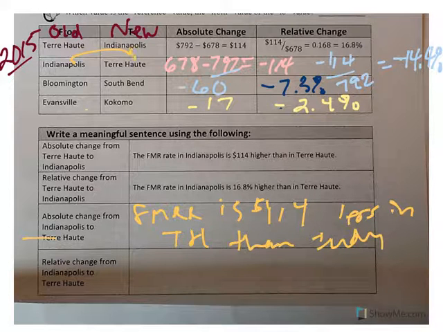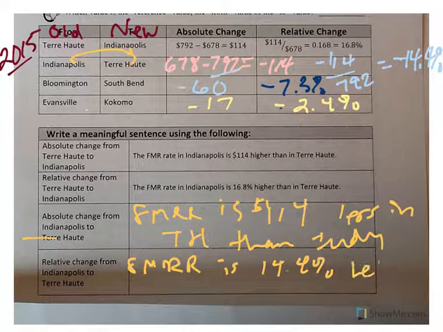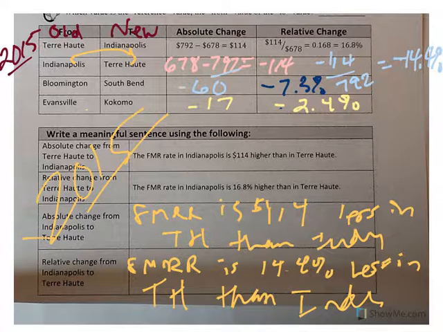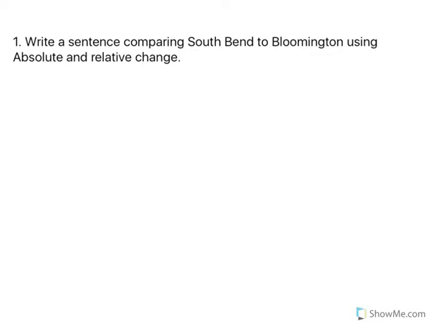Because it went down when you went from Indy to Terre Haute, so that means Terre Haute is less. If you're talking about relative change, fair market rental rate is 14.4% less in Terre Haute than Indy. Something like that. Okay, again, I probably should have 2015 in here somewhere because that's the year that we're talking about, but you just want to make sure you give your information.